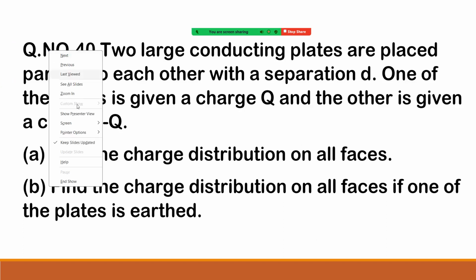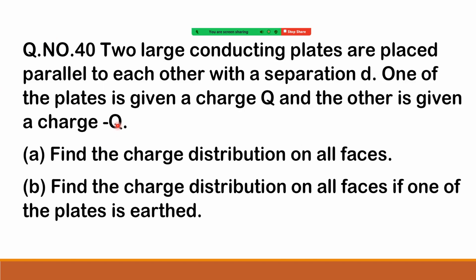Let's see the question, what is given. Two large conducting plates are placed parallel to each other with a separation d. One of the plates is given a charge q and the other is given a charge minus q. Find the charge distribution on all faces.